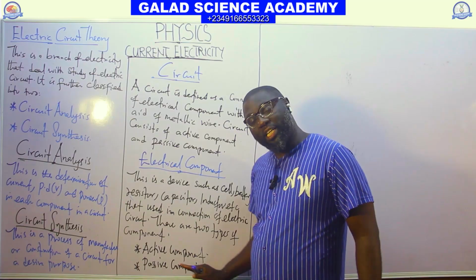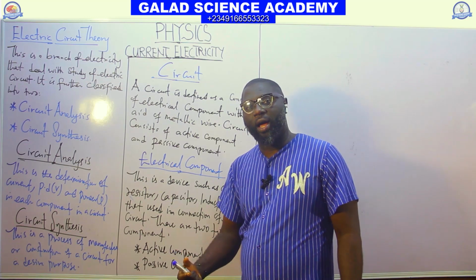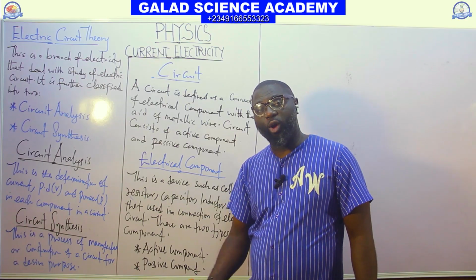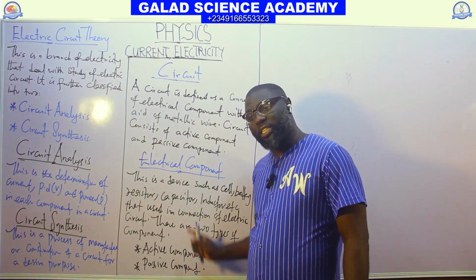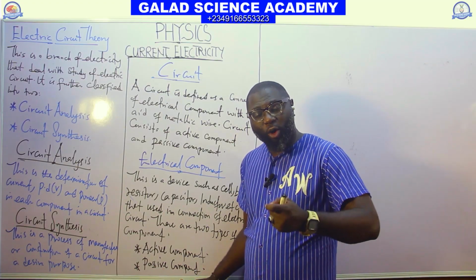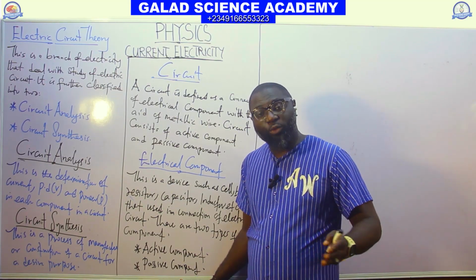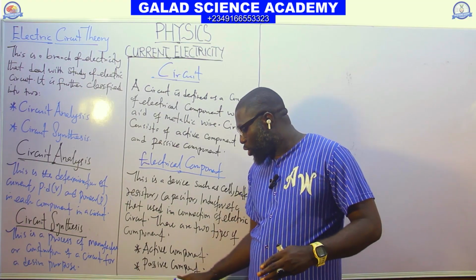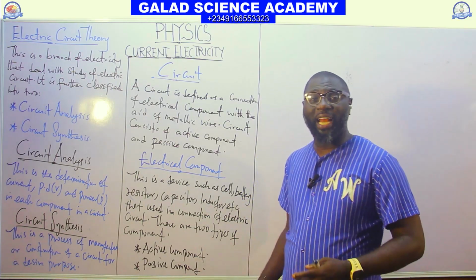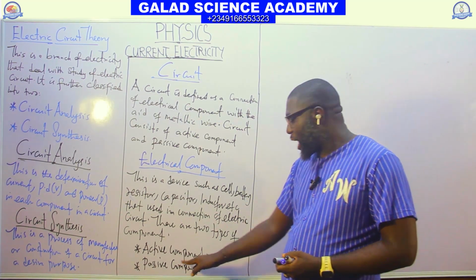The active component is a component that generates current or power to the circuit, like cell, battery, generator, diode. The passive components can receive power from the source. They are also called sink, like resistor, capacitor, inductors.